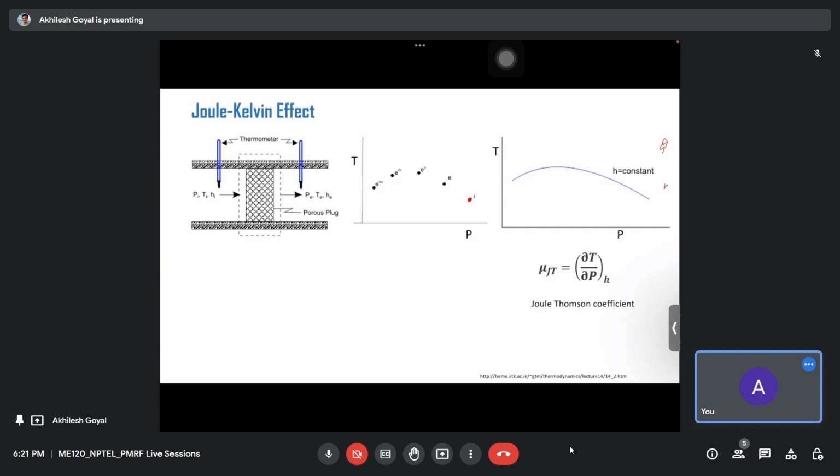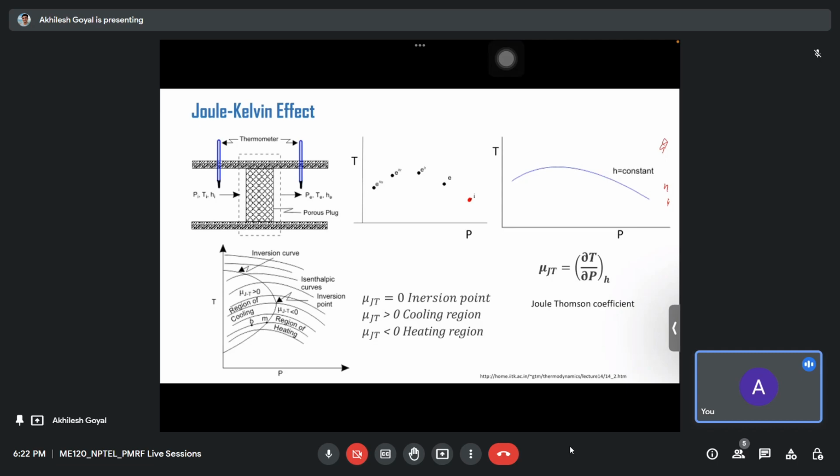This curve shows one condition, the initial temperature and pressure. Now, what if this experiment was performed multiple times? What type of graph was achieved?